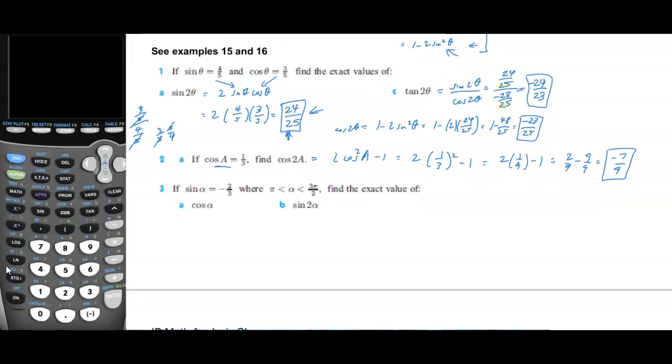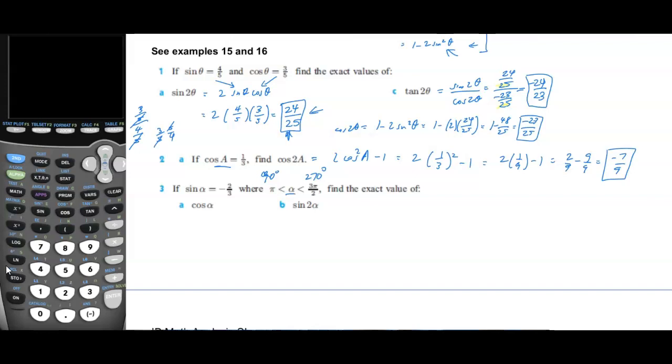Okay. Last one. If sine alpha is negative 2/3, where alpha is between pi and 3 pi over 2, remember pi is 180 degrees, and 3 pi over 2 is 270 degrees, find the exact value of cosine alpha and sine 2 alpha.